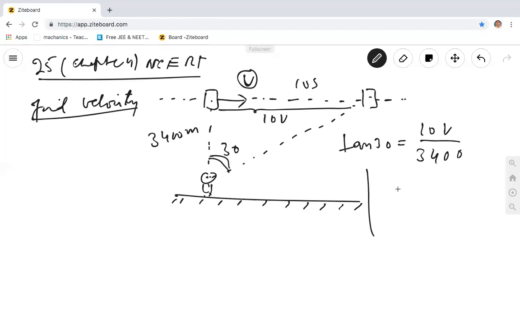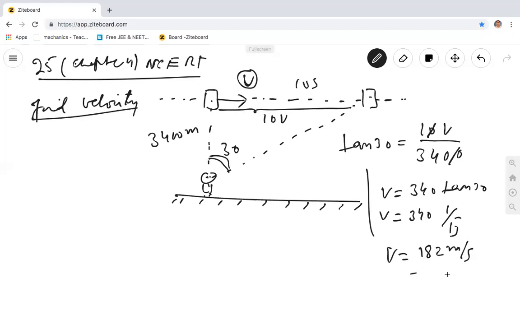So v equals 340 tan 30, that is 340 times 1 by root 3. If you simplify it, it will be about 182 meters per second. That is the answer.